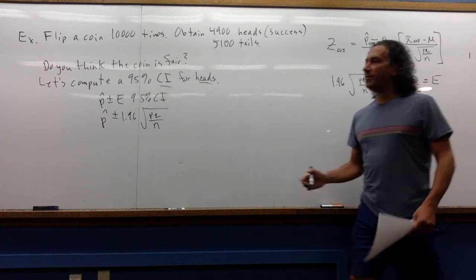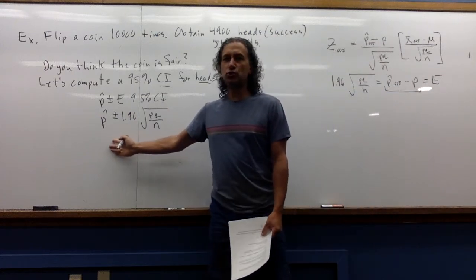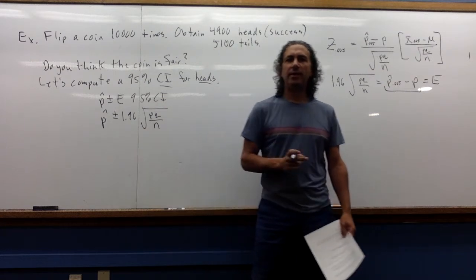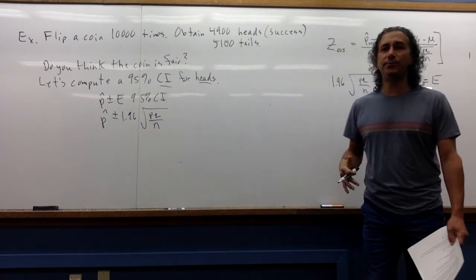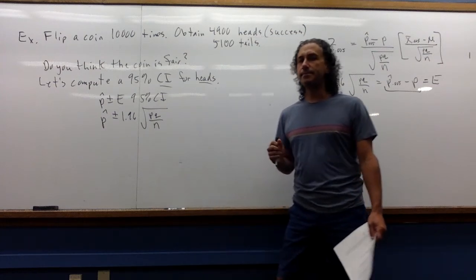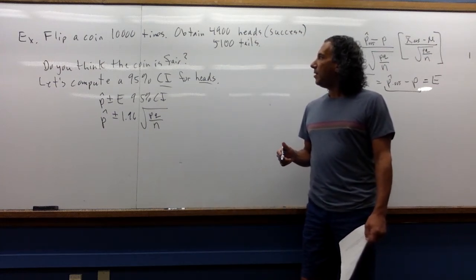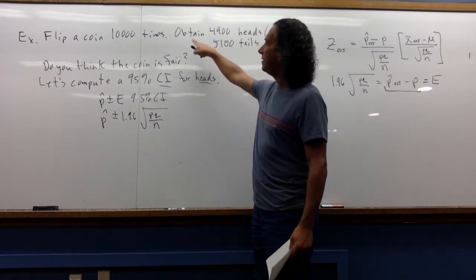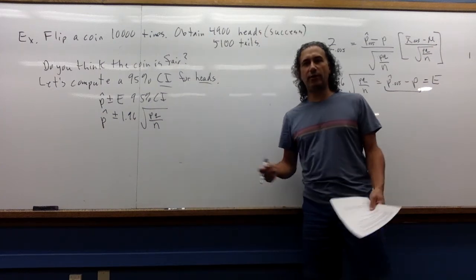Now, this formula has a troubling aspect to it. Pause the video, think about what we're trying to compute, and then say why this is troubling. Well, hopefully you said, oh, this is a problem because I don't know P, and therefore I don't know Q either.